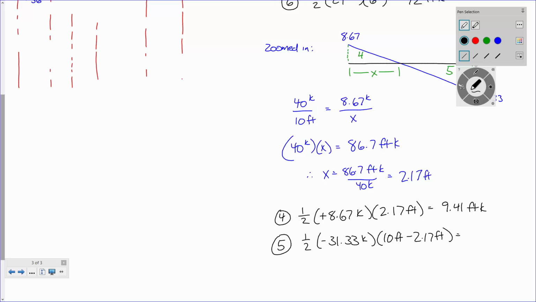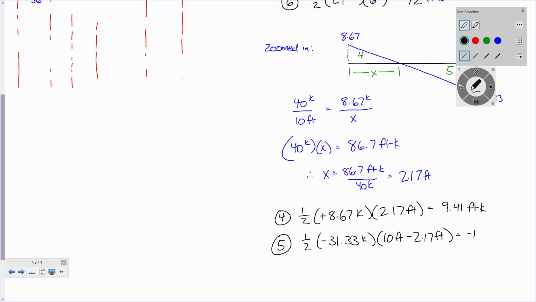And the bottom? Negative 138.30. 122.66.